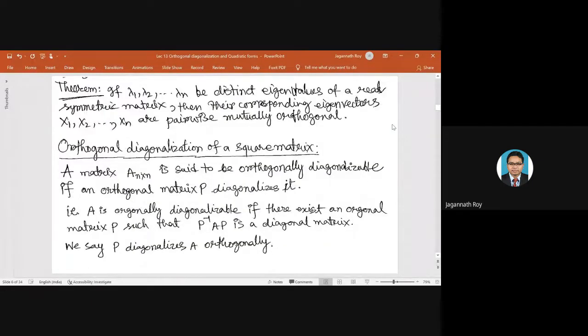Now there is a theorem which says that if we have a real symmetric matrix, and all the eigenvalues are distinct, then their corresponding eigenvectors will be mutually pairwise orthogonal.